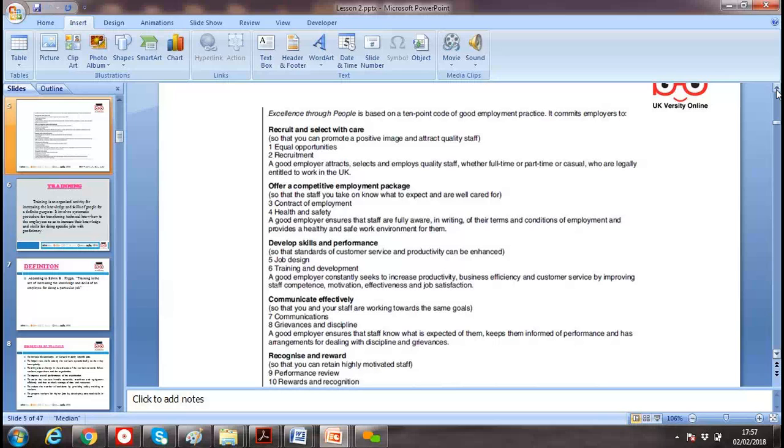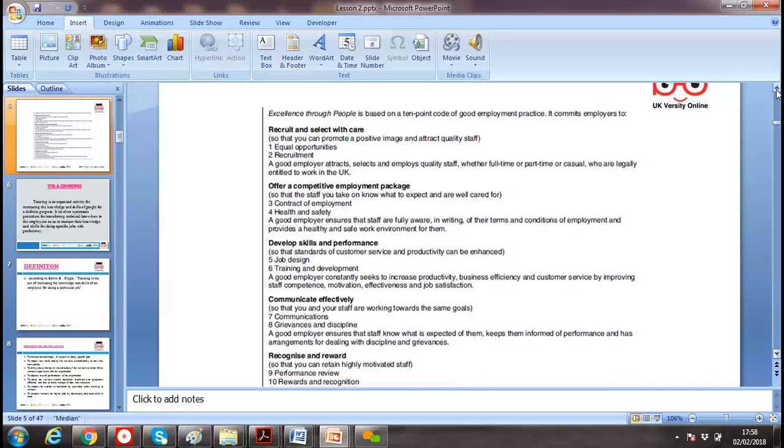Equal opportunity recruitment: a good employer attracts, selects and employs quality staff, whether full-time or part-time, legally entitled to work in the UK, offers a competitive employment package, contract of employment, health and safety, and ensures the staff are fully aware of the conditions of the contract.